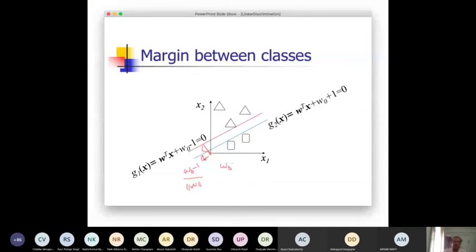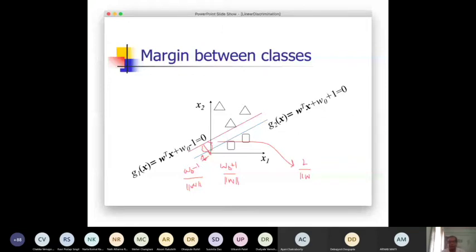So what is the distance of separation? 2 by norm of W. Yeah, so the distance of separation would be 2 by norm of W. Is it clear, everyone?